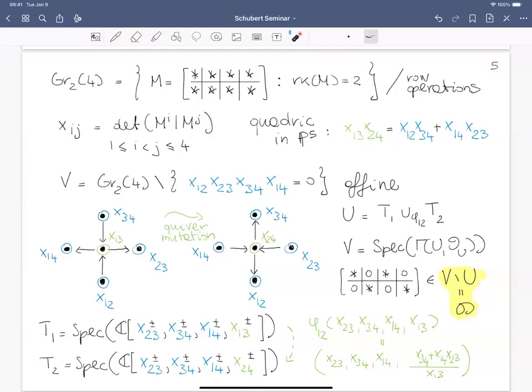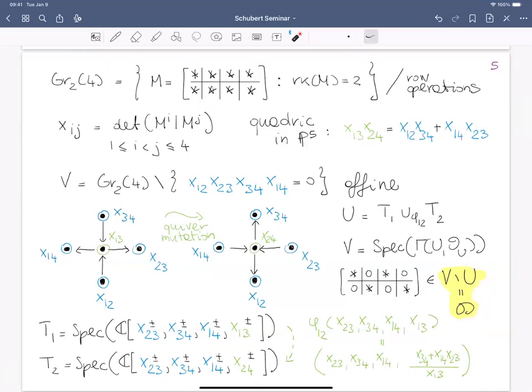So these are the famous Plücker coordinates, and they give you a projective embedding of this space into P^5. And it turns out that in this case, the image is cut out by a single equation. So it's a hypersurface. And the equation is x13 x24 = x12 x34 + x14 x23. So it's a quadric.